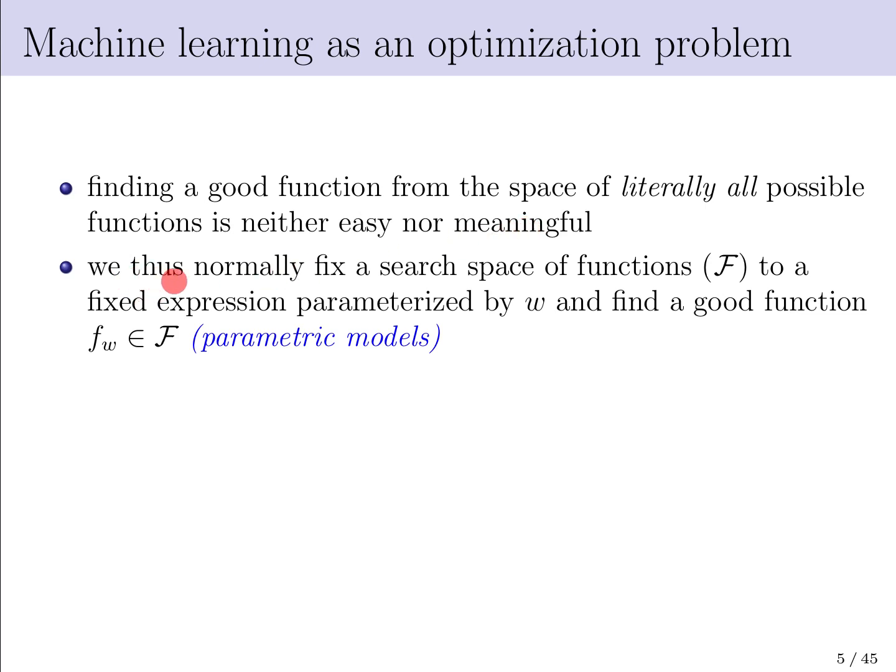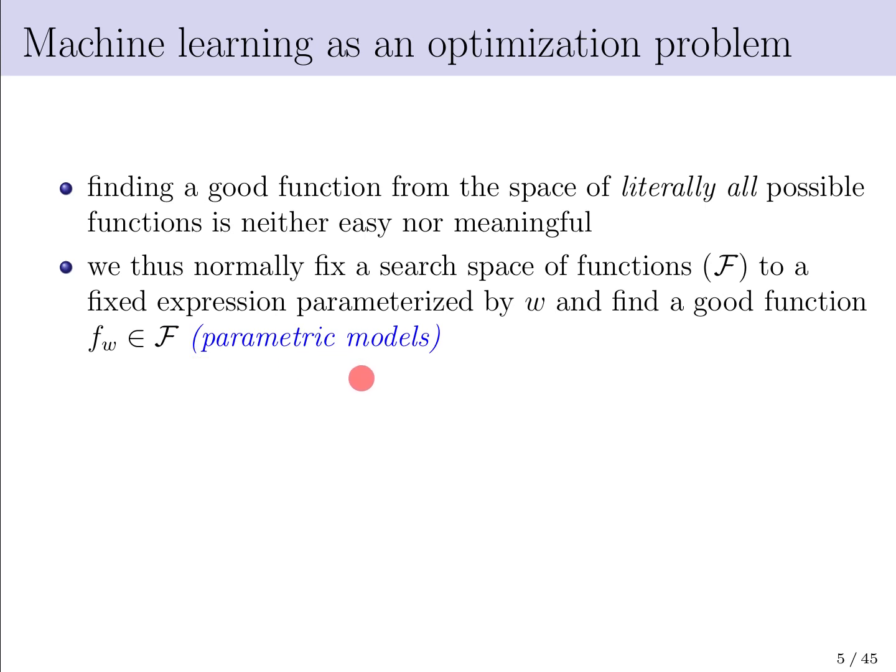So we therefore normally fix the space of functions to a fixed expression parameterized by some parameters, normally called weights, and find a good function fw in this fixed subspace. This is called parametric models.